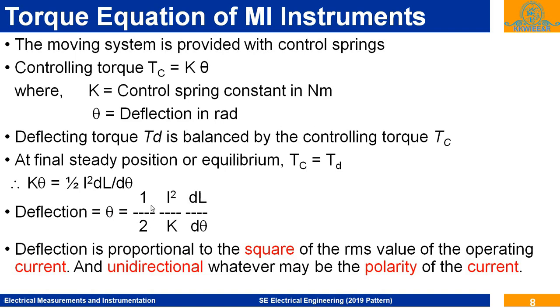Which is equal to 1/2 I square by k dl by d theta. Deflection theta is equal to 1/2 I square by k multiplied by dl by d theta.